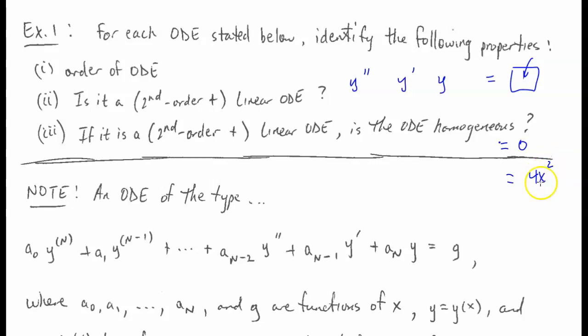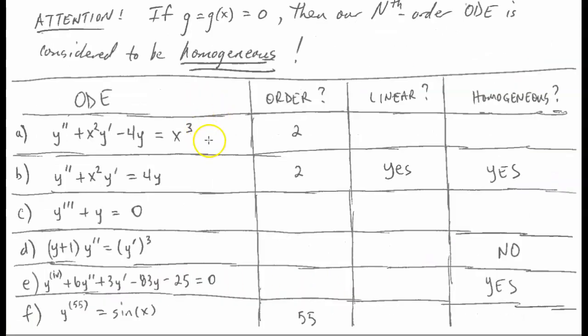All right, so now that we know that, let's go ahead and look at the actual problem. Okay, so for our first ODE here, we see that we have a term with second derivative of y, first derivative of y, no derivative of y, and g is a function of x. And we see that these other coefficients here on the left are either constants or functions of x as well.